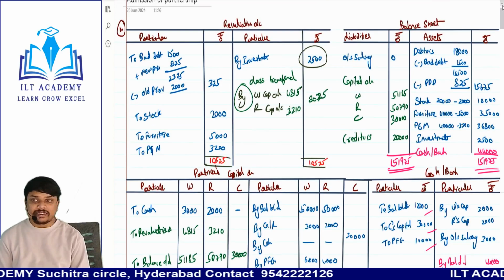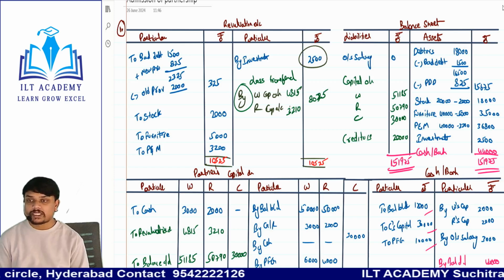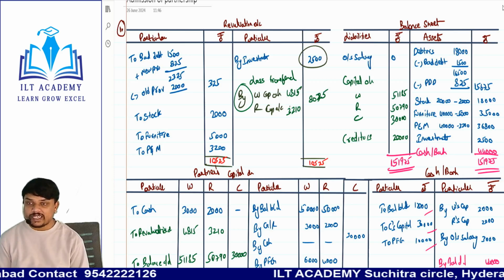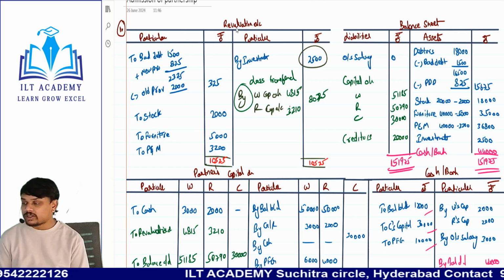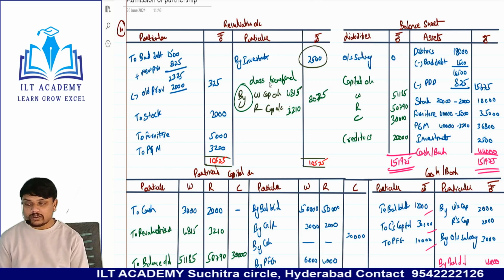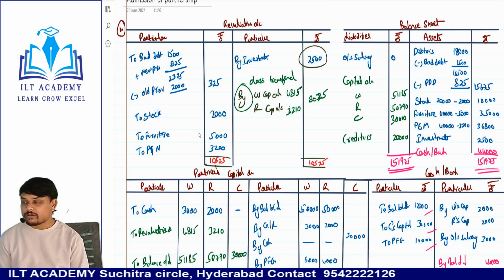In the question they will be asking either journal entries or ledger accounts, and this is going to be a 6 marks sum for CBSE people, and ICSE can also refer for the same marks. Now revaluation account debit to bad debts, revaluation account debit to stock, furniture, plant and machinery, investments to revaluation, loss transfer to revaluation. If you want to write journal entries, you can frame them like this.